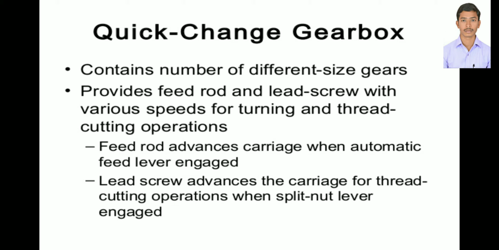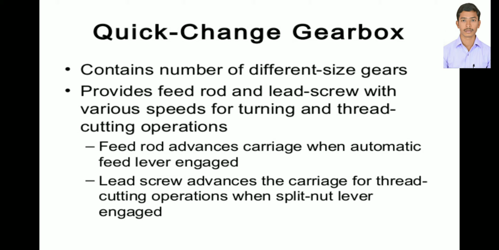In this quick change gearbox, different gears are inserted. Why should you use the gearbox? It is for thread cutting operations, when the split nut lever is engaged. If we have to perform any threading operation on the workpiece, we should activate this gearbox.